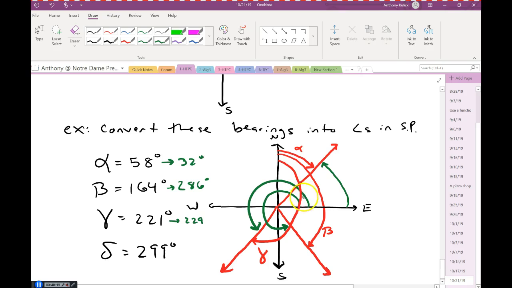So the way we did that was we knew it was 90, 90, and then 41 more to get to here. So that means that this portion has to be 49, excuse me.